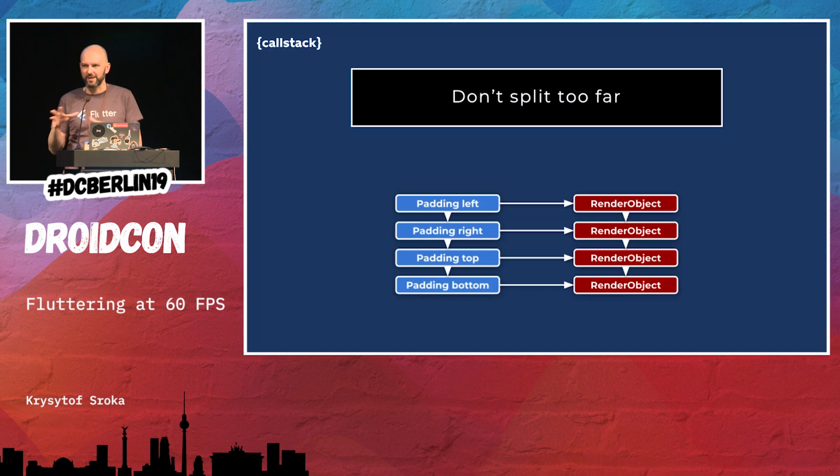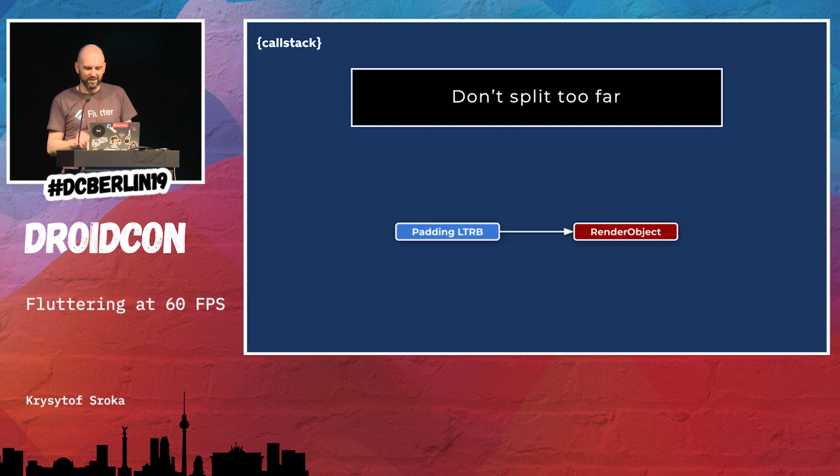If you have padding in all the cases, it would be a really bad thing to have separate padding widgets for left, right, top, and bottom, because all of them create a new render object, and each of these render objects separately tells Skia to offset your widget by some amount. So use common shortcuts for having this in one widget if it's feasible.